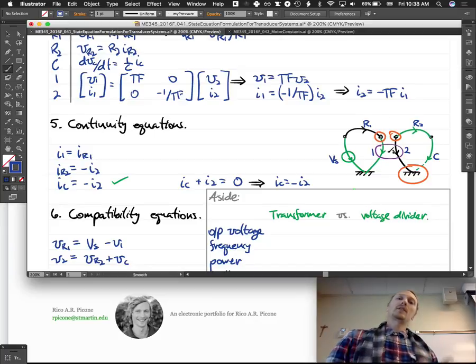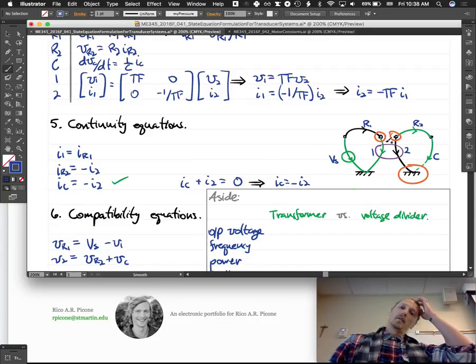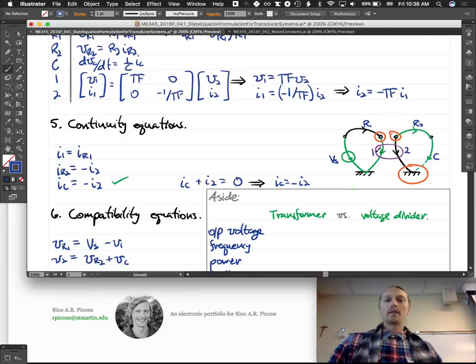We have to intersect the normal tree once with each of our contours, and we have to intersect only a single passive element in the normal tree. There is a single intersection. There's another one with a single intersection, and a final one with a single intersection. So those are all valid, and we can go ahead and write them.